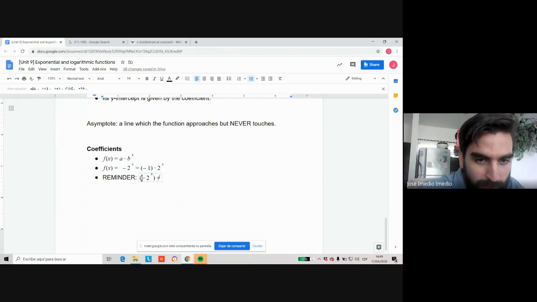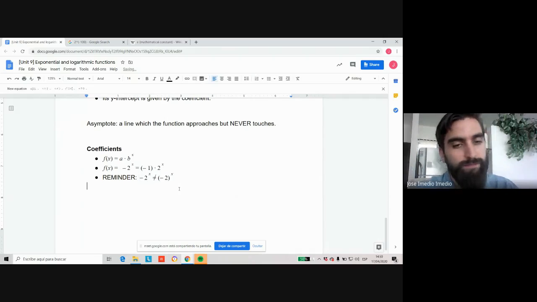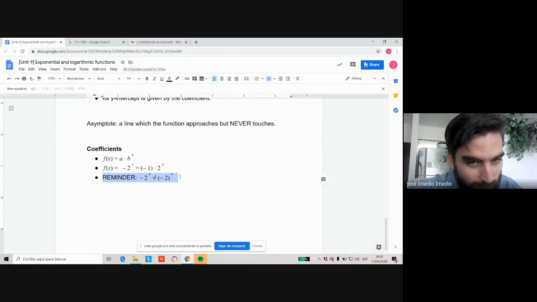Sorry, I used a parenthesis here and I didn't need to. Minus 2 raised to the power of x is completely different to this. This is not the same.